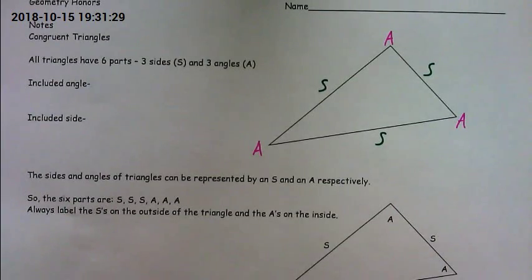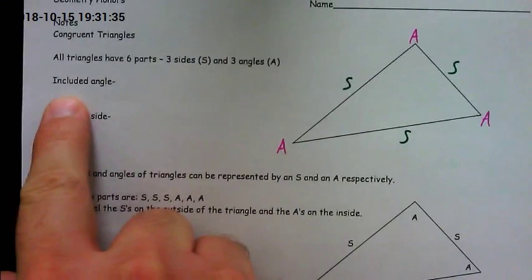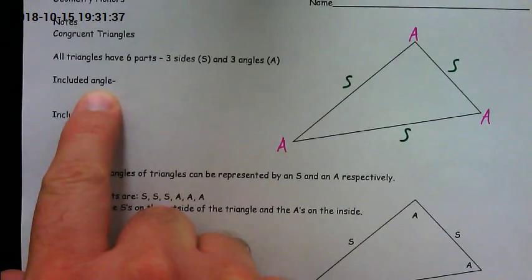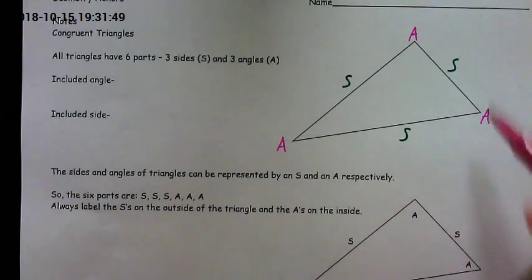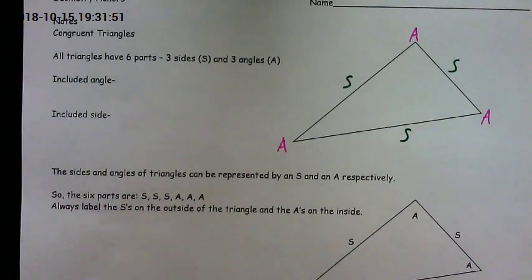The idea here is that when we talk about sides and angles, there are things that are called included angles and included sides. Well, an included angle is an angle between two sides. So, you might look at this and be like, well, there's an angle in between all of these sides. And that's true.